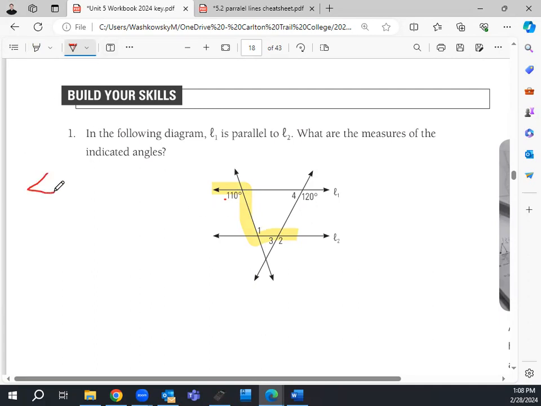So I would say that angle 1 is equal to 110 degrees, because I know it's equal there with a Z.